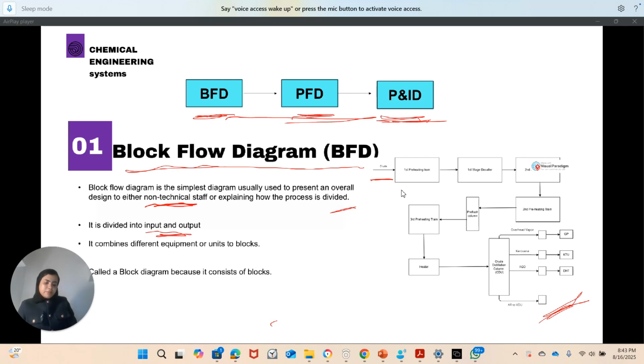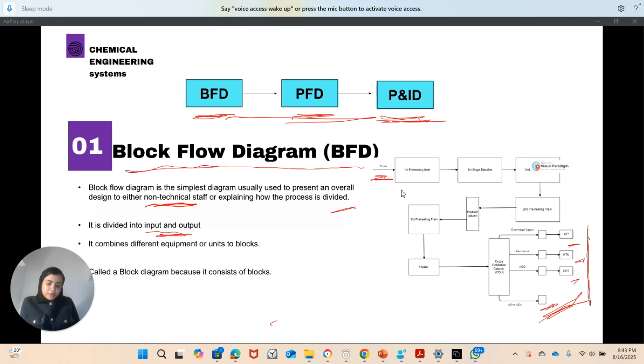Here you have the input as the crude, and you have the outputs here from the CD unit, all of the different outputs. Another concept is that for those outputs, if it is for a designated unit, then the lightest component will be on the top and the heaviest component will be on the bottom. If you are presenting a distillation column, it will be represented in this way as well.